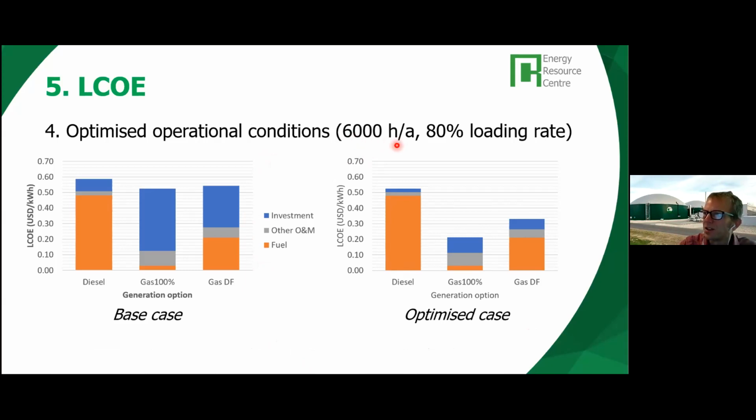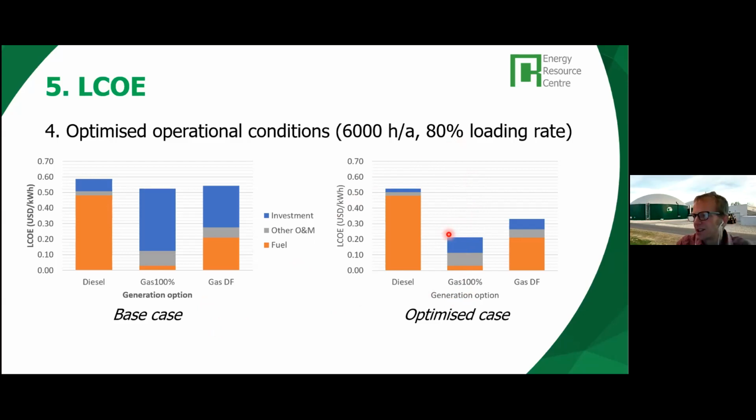For example, if you have an even larger number of operating hours and there's a higher loading rate as well of a system, so that you really get a substantially larger output of your system. And you can see that in comparison to the base case, you can really get very much lower production costs in comparison to diesel generation, for example.